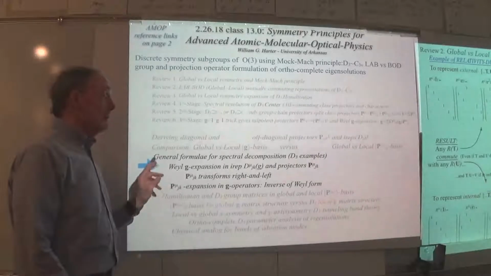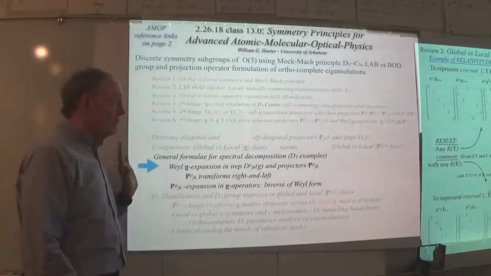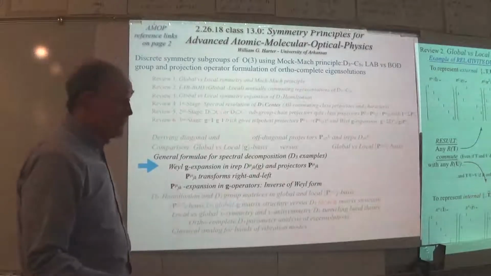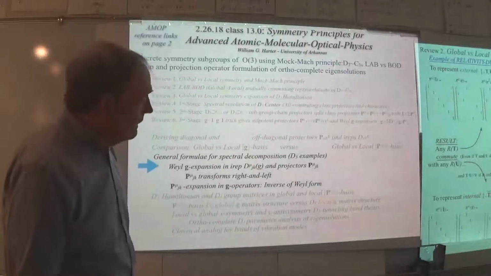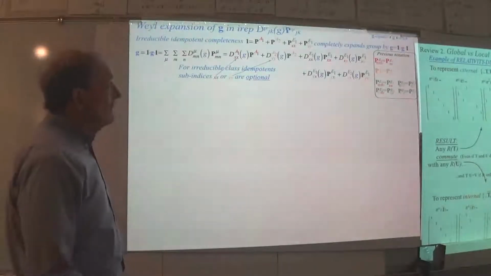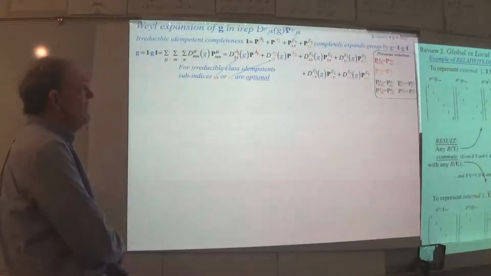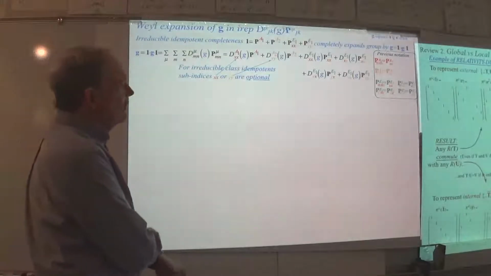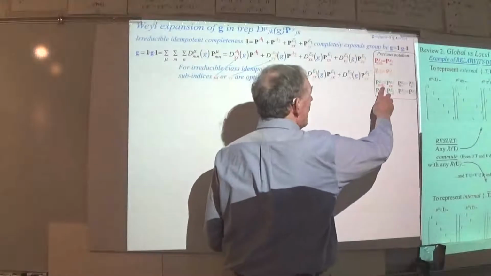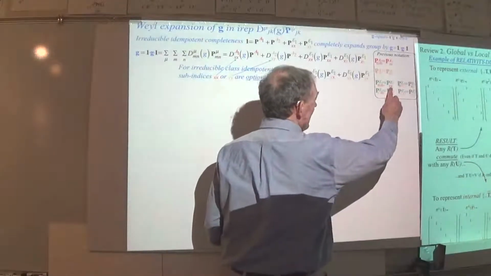Now, we've got to talk about the hardware of those operators. And this is going to apply both to global and local, but it will, I think, make some sense. So we're back doing what we've already talked about a lot, except now I'm not going to use 0 mod 2 twice. I'm just going to write XX.